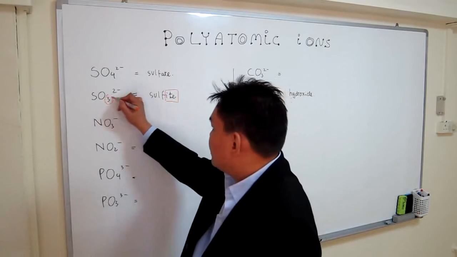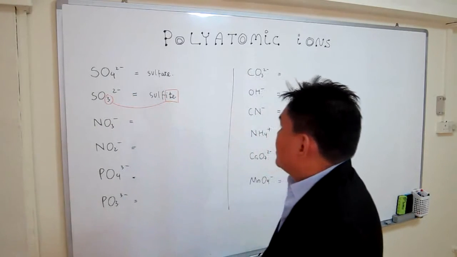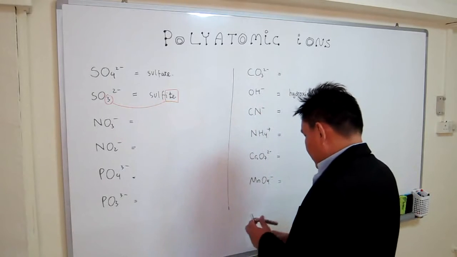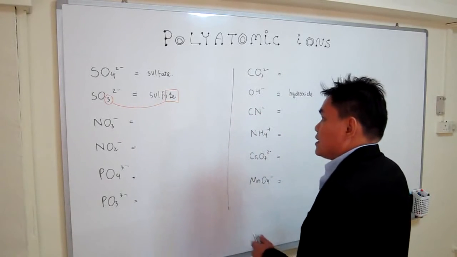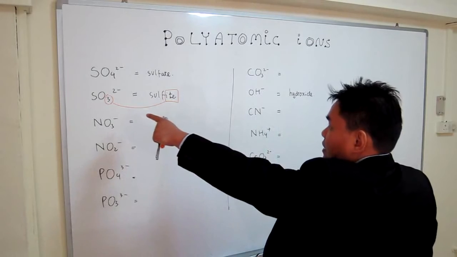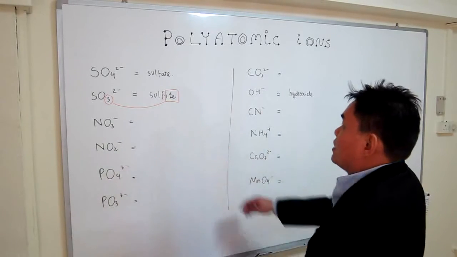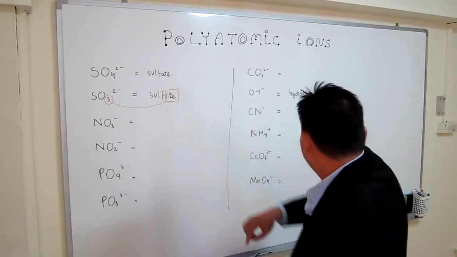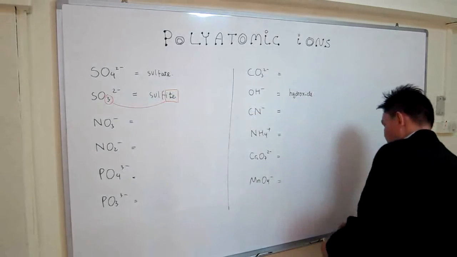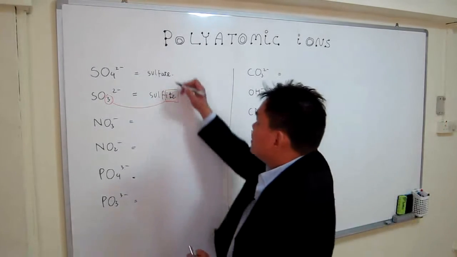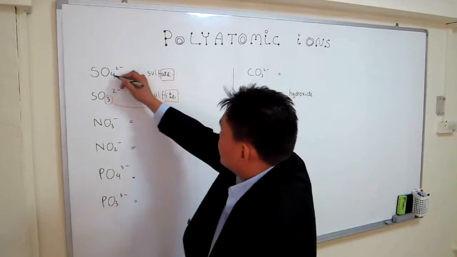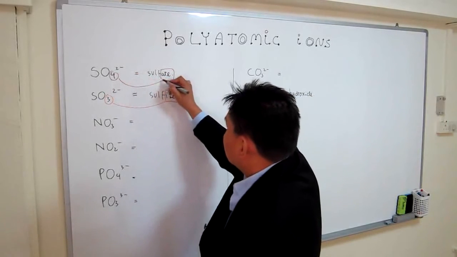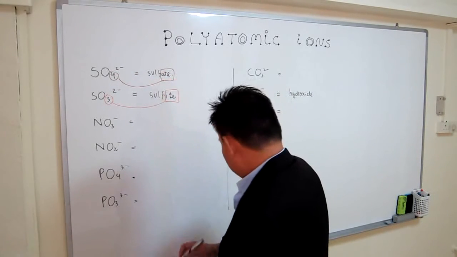This is because you have a smaller number of oxygen. So usually if you have less oxygen, it will end with ITE. If you have more oxygen, then it will end with ATE. So SO4 2- is called sulfate.